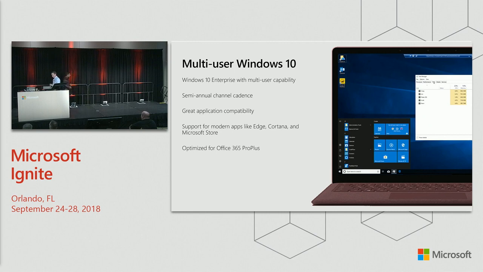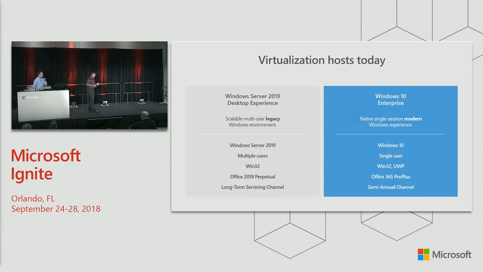All right, so let's look at what's there today. We have on the left Windows 2019. It gets you multi-user, but guess what? It is almost always 3 years behind, or years behind where your end users really want to be. And on the right, you have Windows 10 Enterprise, which is great, but it costs a lot of money, which takes years to recoup all that.